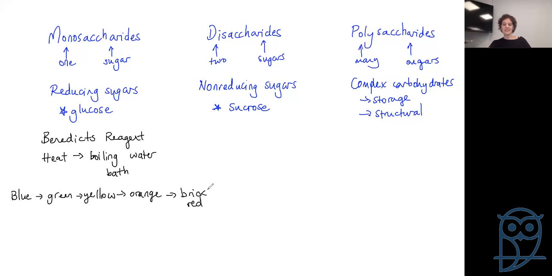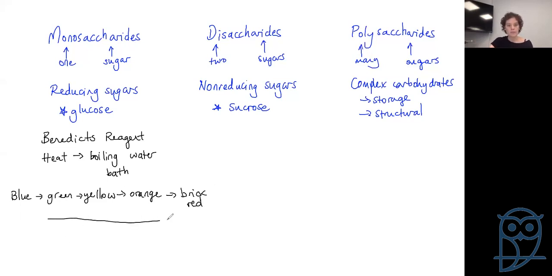Now, here's the catch. Brick red precipitate indicates the presence of reducing sugars. That's your classical basic phrase. But if you're testing for reducing sugars and your solution goes green, does it have reducing sugars? Yes, it does. What it has is a little bit of reducing sugars.